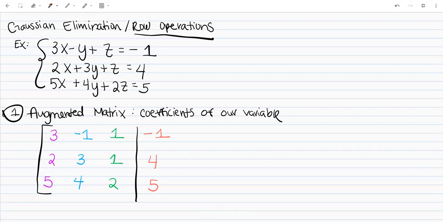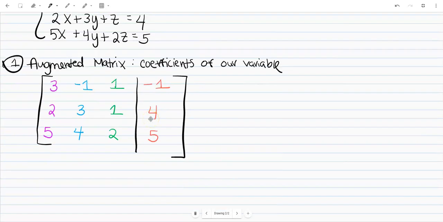So take notice of my matrix. With matrices, they're written into rows and columns, where your row 1, row 2, and row 3 are viewed from top to bottom in order. Then you have your columns.